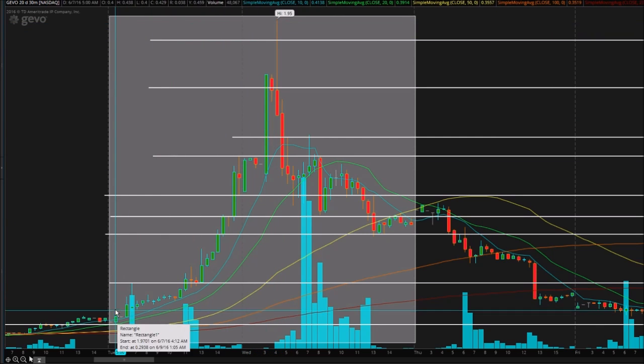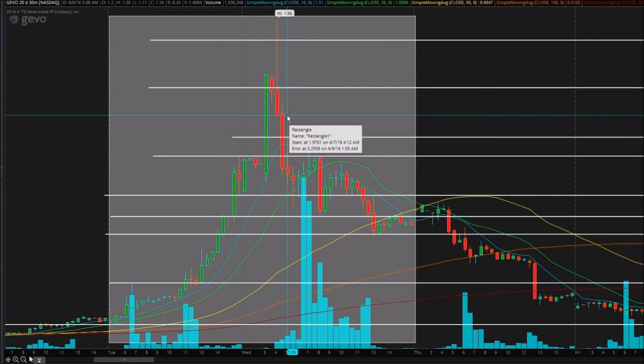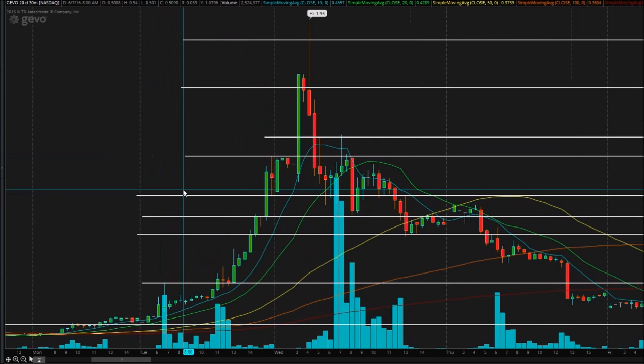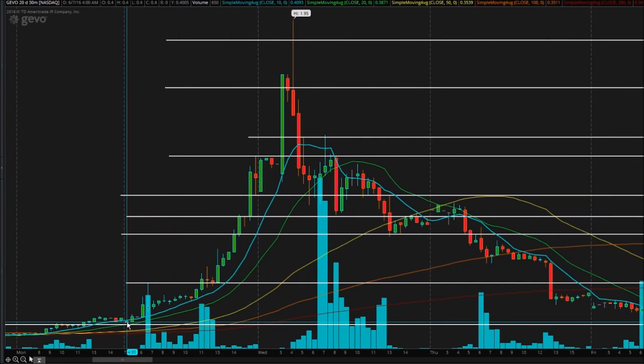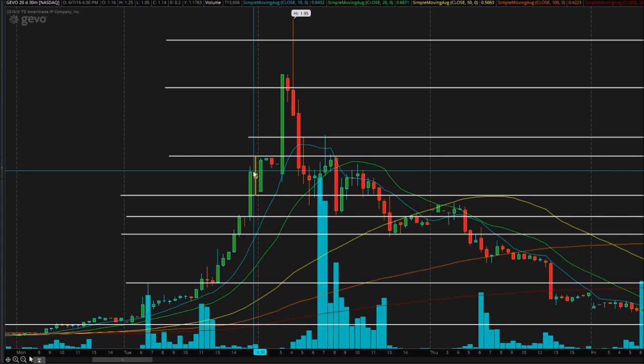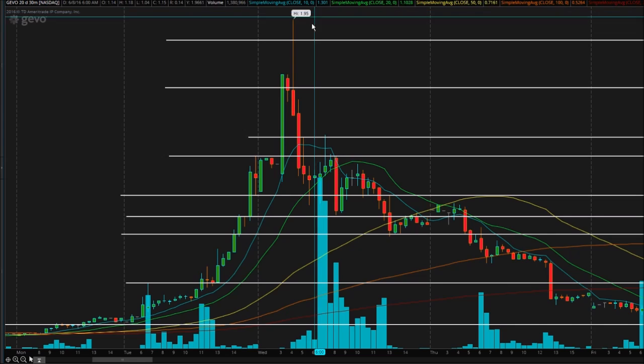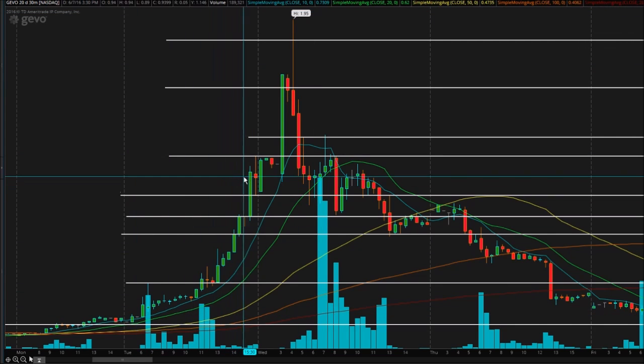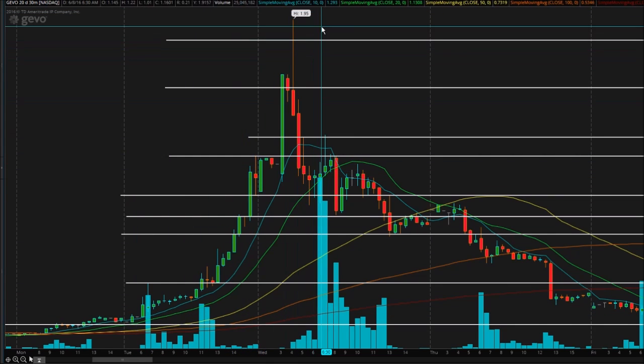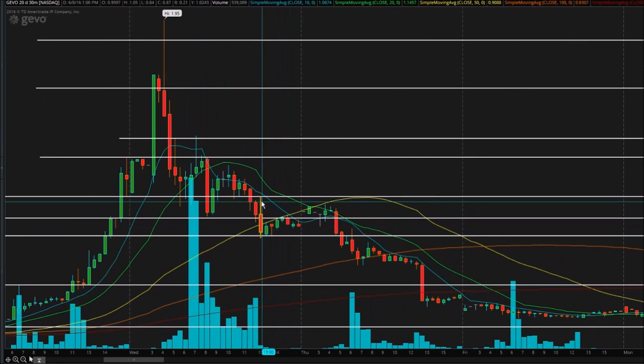So Gevo absolutely killed it, and that was in the span of 2 days. One day from 40 cents to about $1.17, and the next day from about $1.07 to $1.95. So it ran about 200% in that 2-day period, maybe a little bit more than 200%.